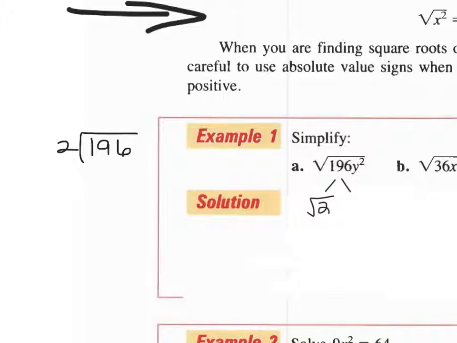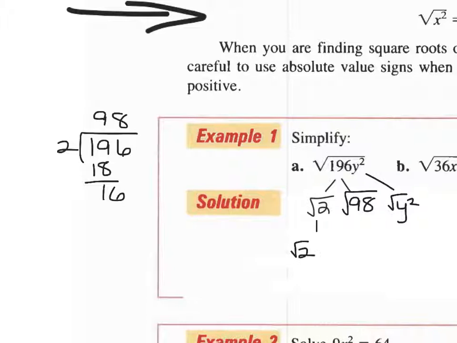196 divided by 2. 2 goes into 19 9 times, and then 2 goes in there 8. So I have 2 times 98. And then I'm going to break it down again. I also have the y squared. So the radical 2 I bring down.